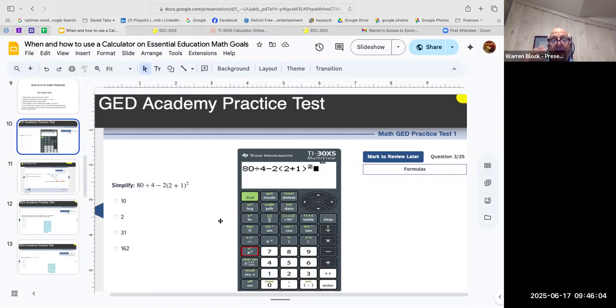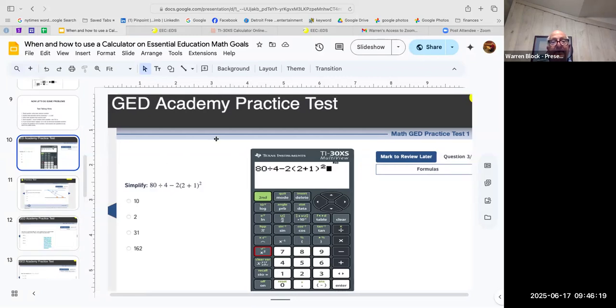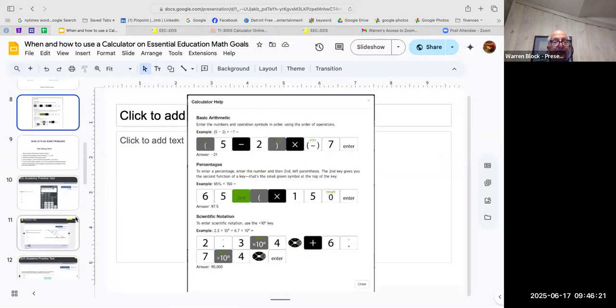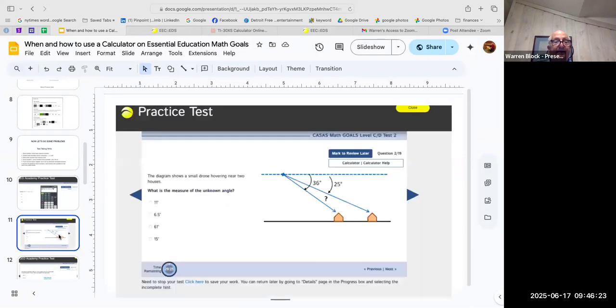If you do it on the calculator, we'll see. And I've entered these test questions from the GED site, from the Essential Education, and we'll be able to be active with them and show what hints are available for this. Okay, this one is from the CASAS math goals, and it involves a little geometry.